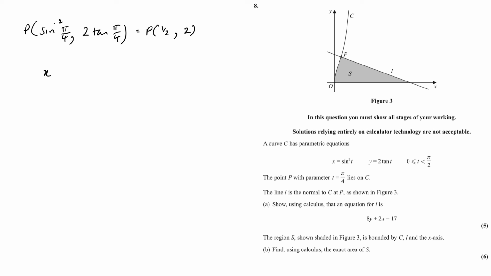So here's my x, it's sine squared t, but I'm just going to take the squared on the outside. So this becomes 2 sine t times, and then sine differentiates to cos t. So here we have 2 sine t cos t.